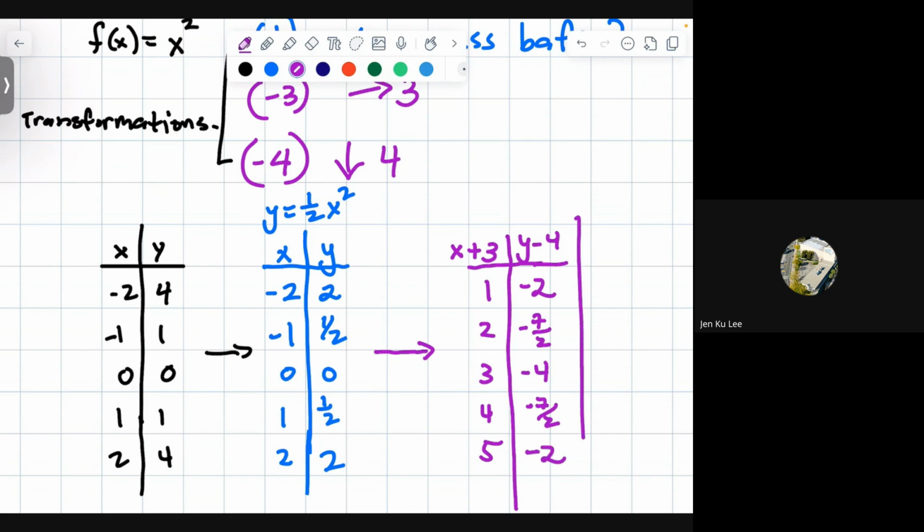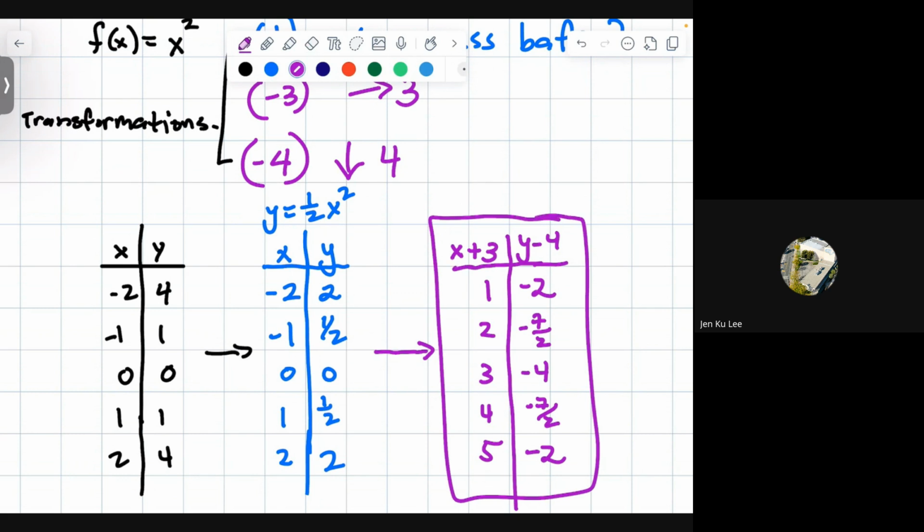So here are my finished product points. Right? This would represent y equals 1/2 (x minus 3) quantity squared minus 4.